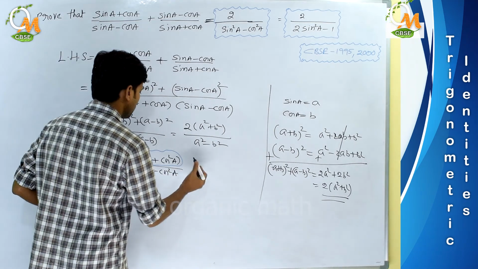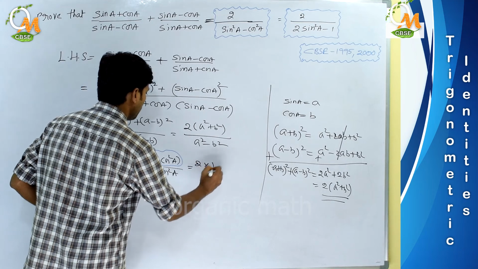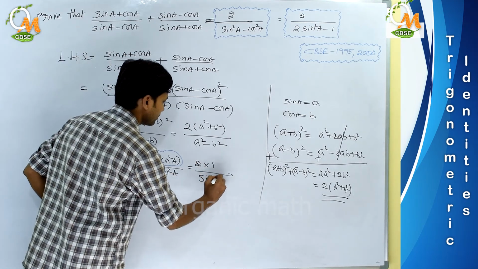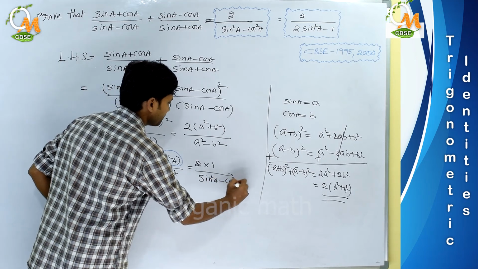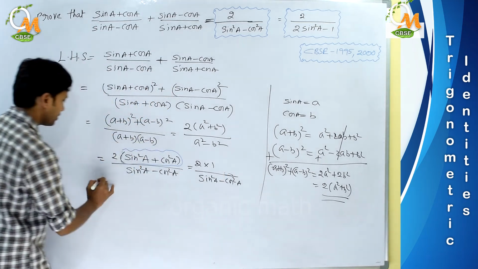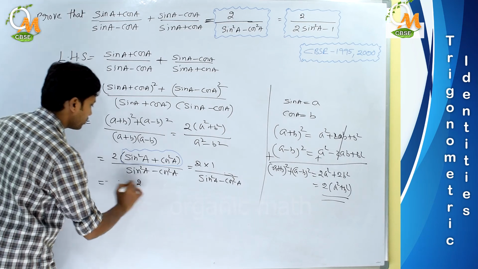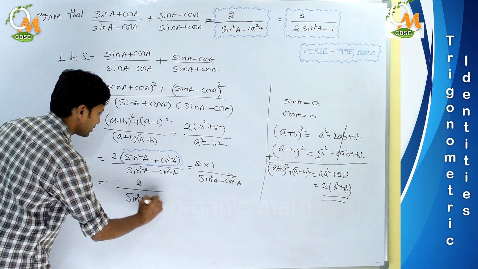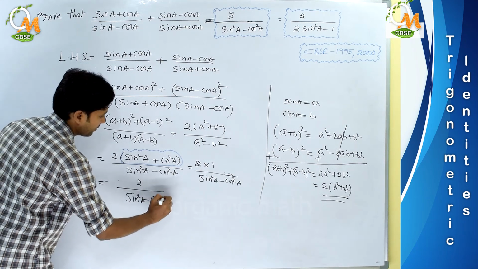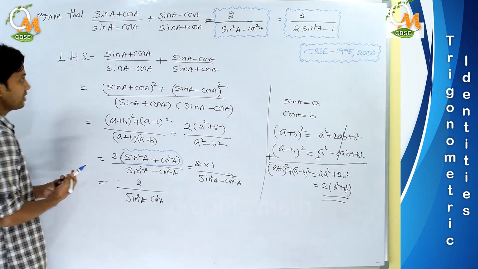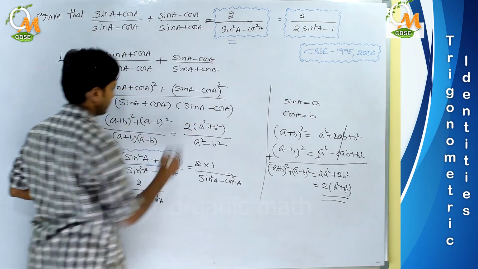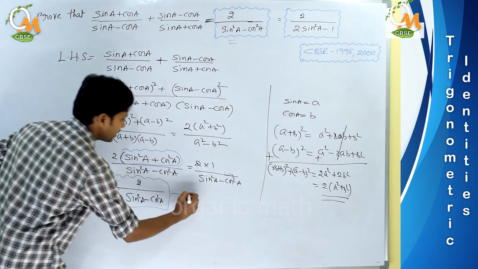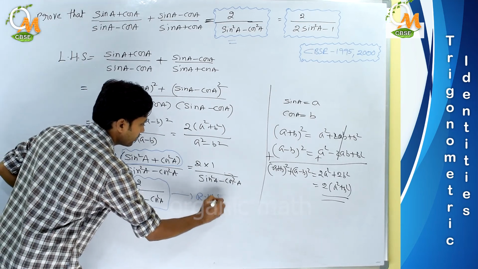So we can write 2 into 1 by sin²A minus cos²A, that means 2 by sin²A minus cos²A. So this is the first result we obtained. Yes, we obtained the first result. So this is your RHS.